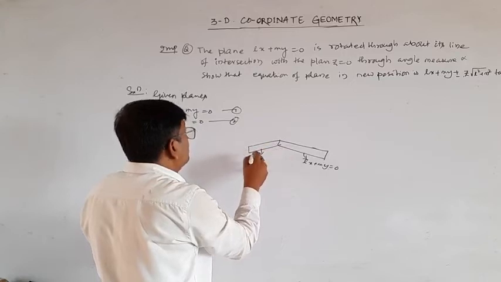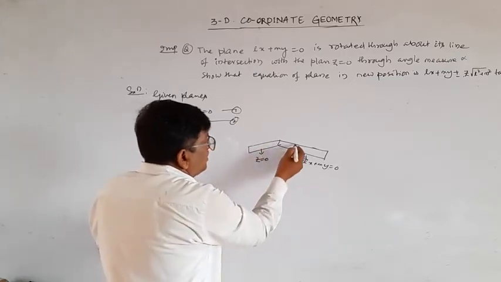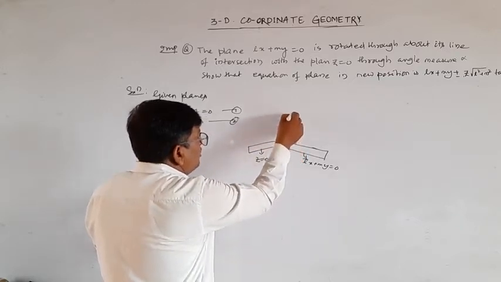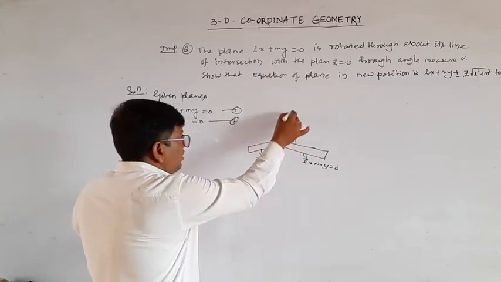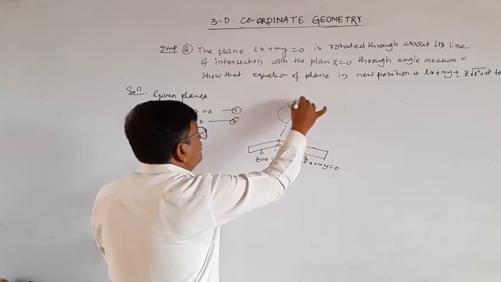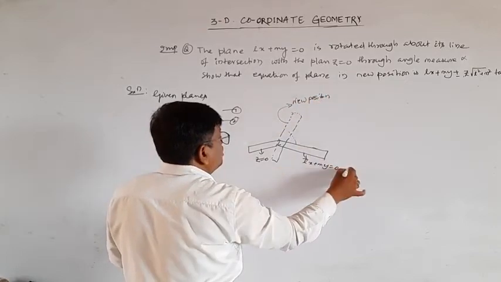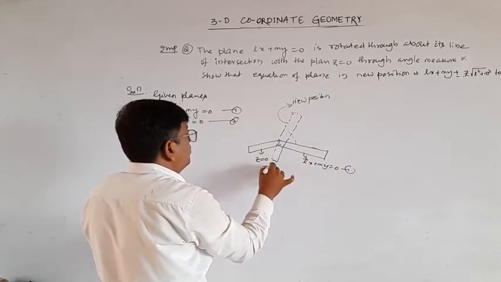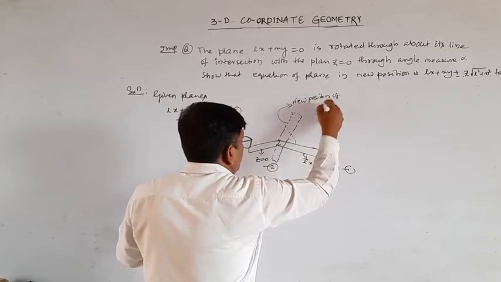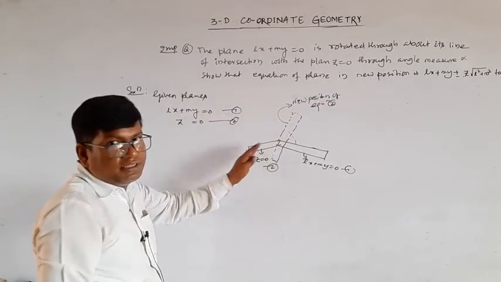Suppose this is Z equal to 0, meaning the xy plane. This rotates and comes to this position, which is the new position of the plane. This is suppose 1 and this is suppose 2, the new position of equation 2. Now this equation is the intersection of this.